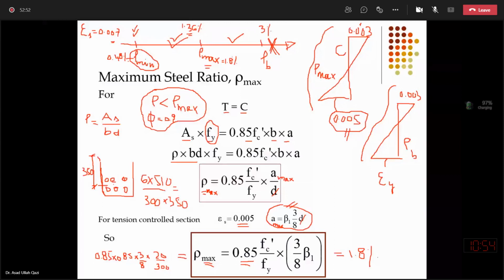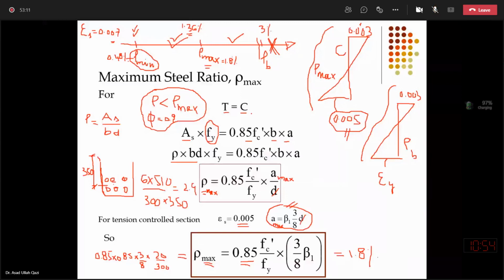How much? 6 into 510 divided by 300 into 350. Good, 2.9. So it means now you will be somewhere over here, very close to rho balanced.